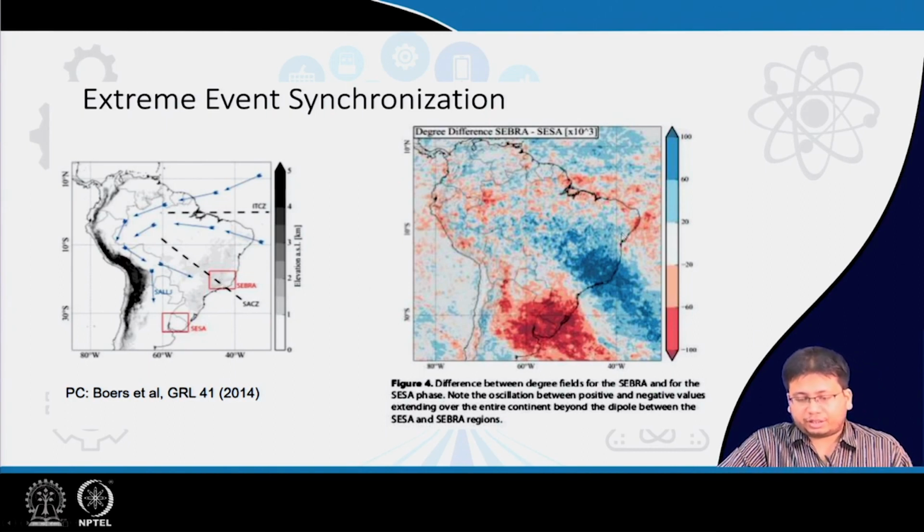These blue and red colors indicate, in some sense, the positive and negative values, and this map shows what is known as the degree difference, where by degree we mean the number of edges. Here we can see a dipole kind of structure, where in one region the degree difference is very high, and in the other it is very low.